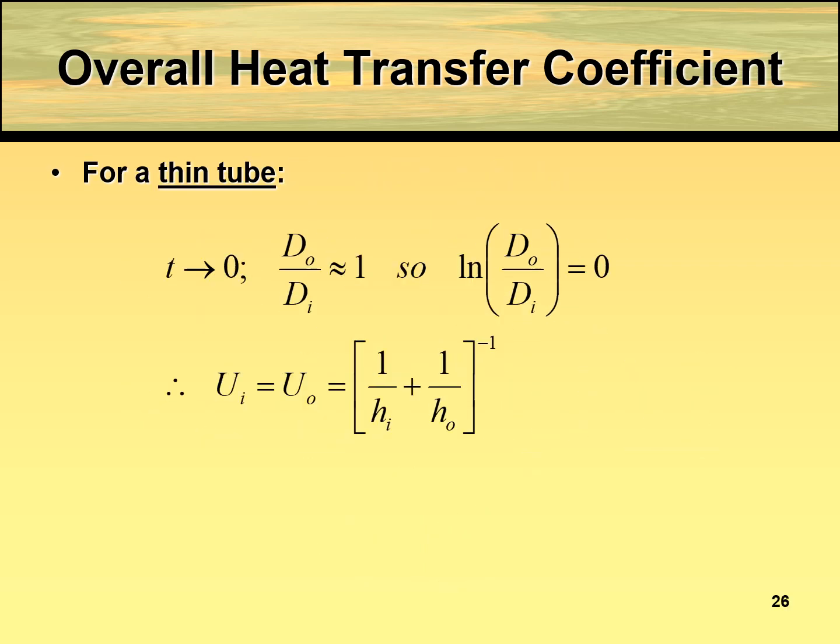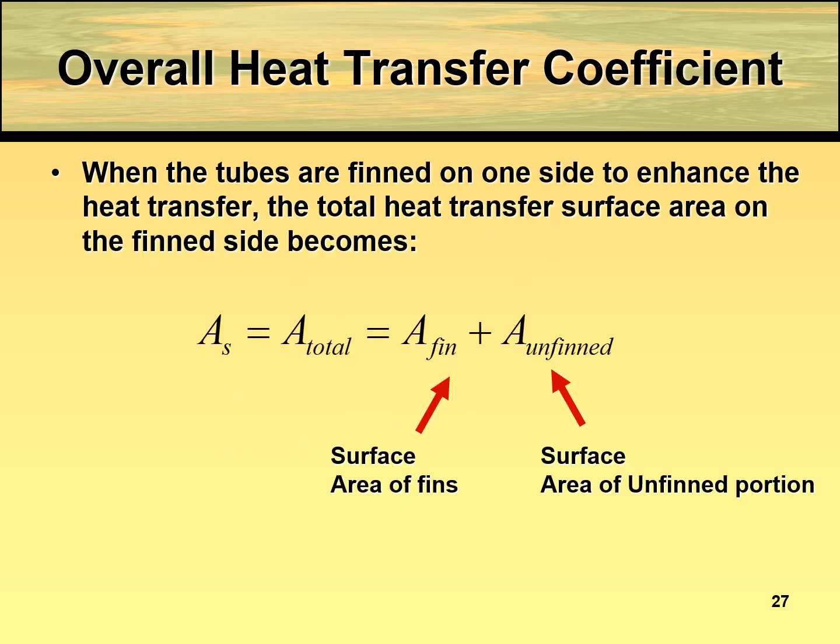As I mentioned before, if you assume that T is approaching 0, where Di is equal to DO, then you have UI equal to UO. So that means 1 over HI plus 1 over HO is equal to the overall heat transfer coefficient.